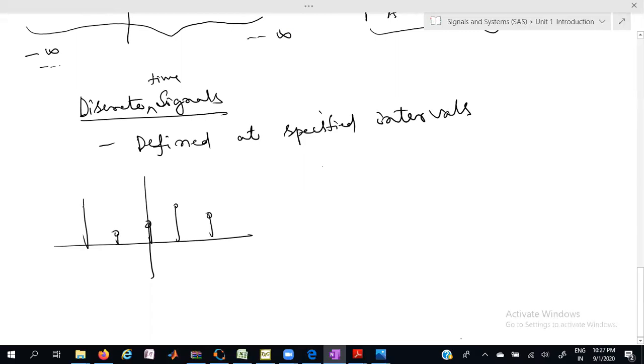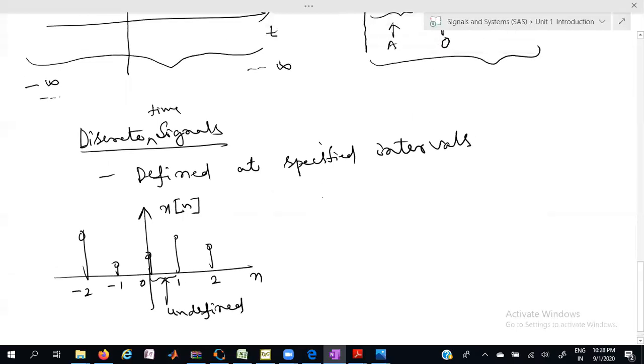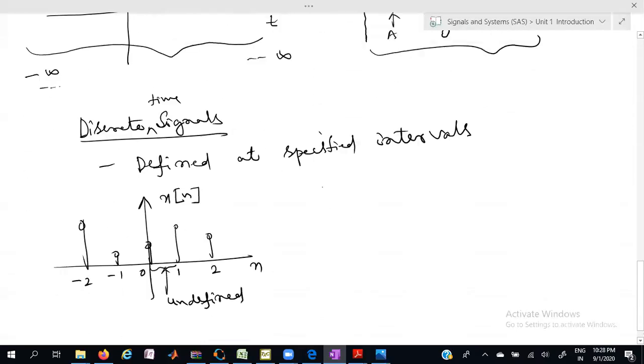The notation that we normally use is x of n. It is defined at regular intervals 0, 1, 2, minus 1, minus 2, whereas at these points in between, it is undefined. So such signals are called discrete time signals.